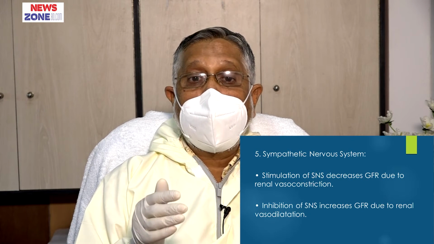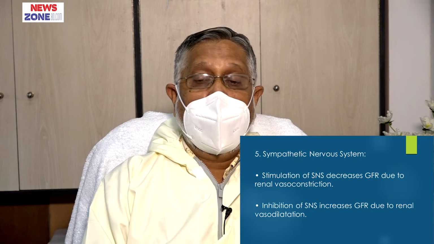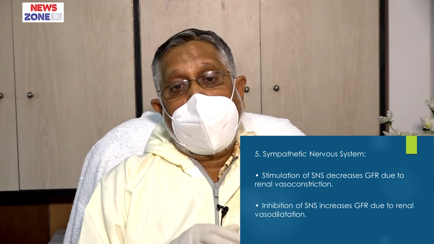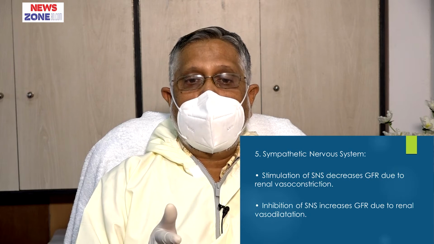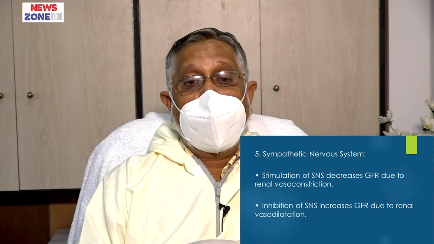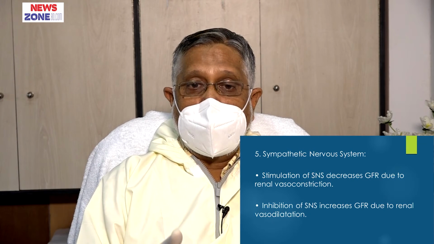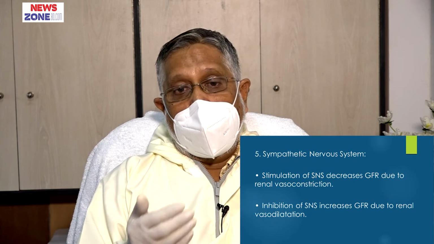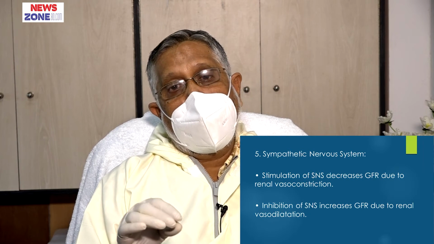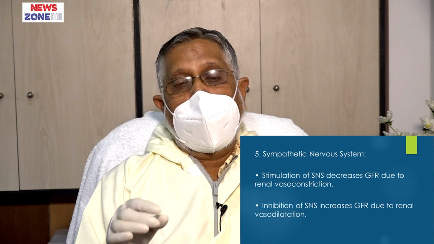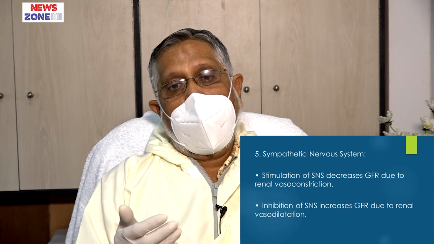Now comes the sympathetic nervous system. If you understand about the sympathetic nervous system, then it will be very easy for me to make you understand that stimulation of the sympathetic nervous system causes vasoconstriction of the renal blood vessels. So if stimulation of the sympathetic nervous system occurs, then GFR will decrease, and conversely, if the sympathetic nervous system is inhibited, the GFR will increase.